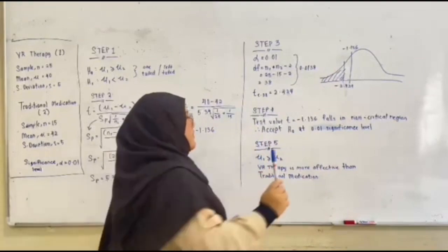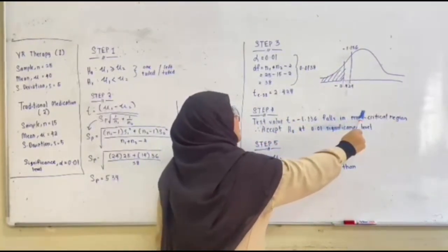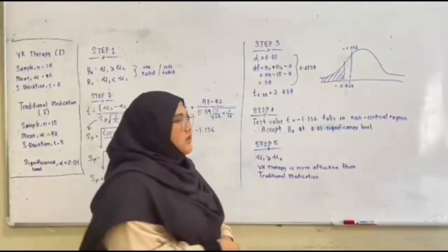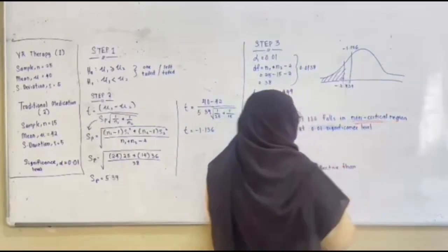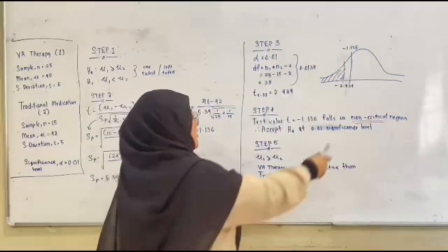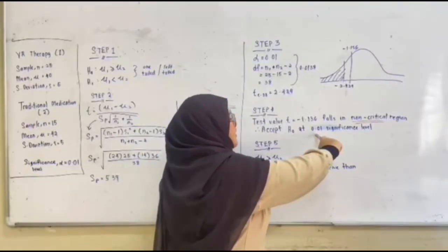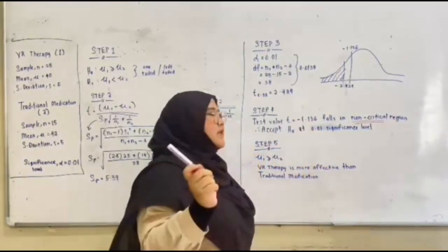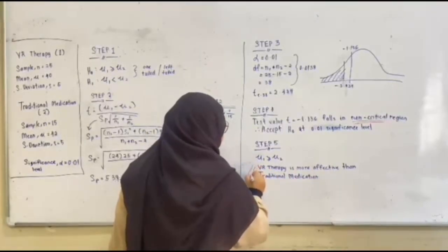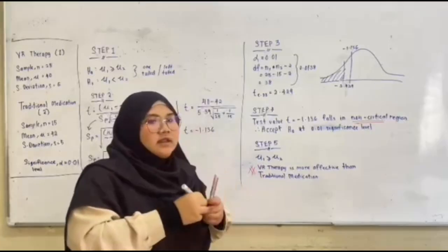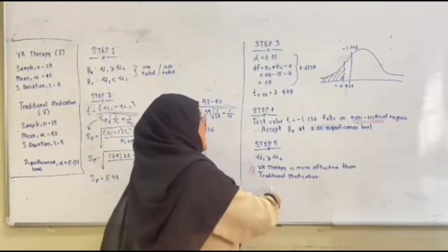Then for step 4, we will say the test value t equals minus 1.136 falls in the non-critical region. We need to highlight the non-critical region. Then we will say that we accept the null hypothesis at the 0.01 significance level. That is the answer. In step 5, we will write back the null hypothesis and we will write this sentence, which is the VR therapy is more effective than traditional medication.